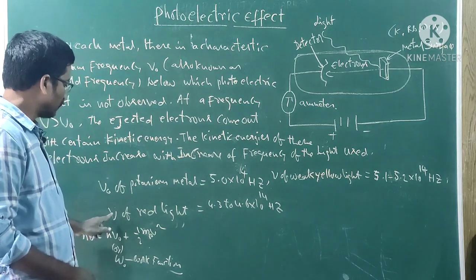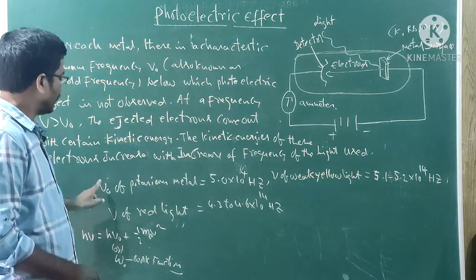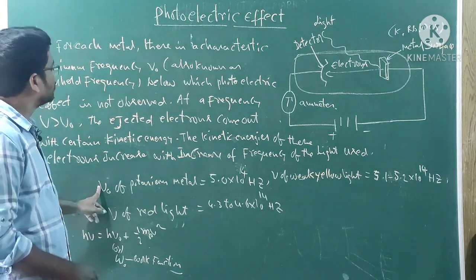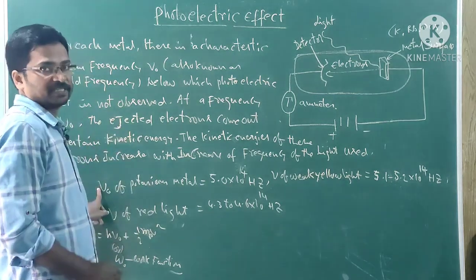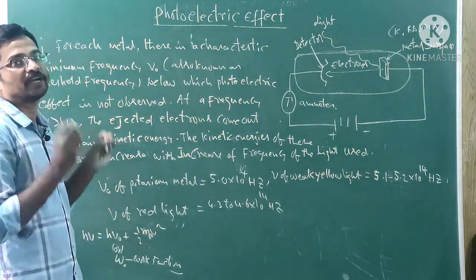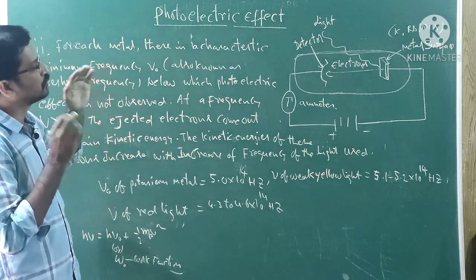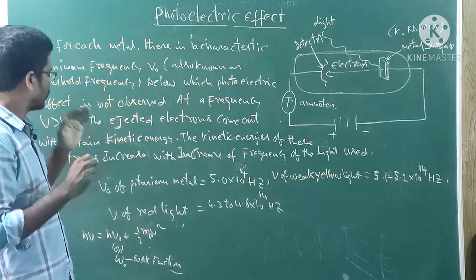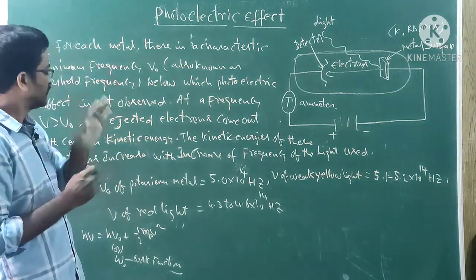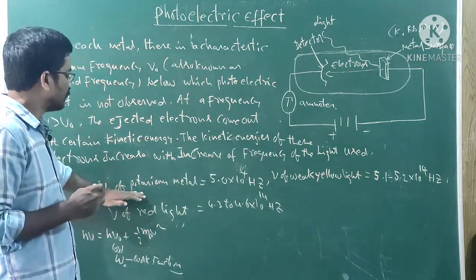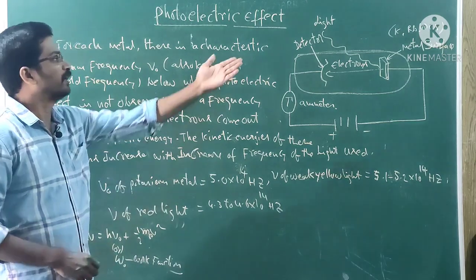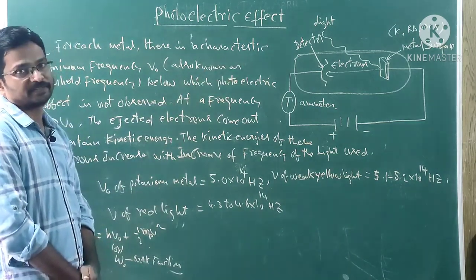The frequency of the light is less than the threshold, so ejection of electrons does not take place. For electron ejection to occur, the light frequency should be greater than the threshold frequency of the metal used for the photoelectric effect.